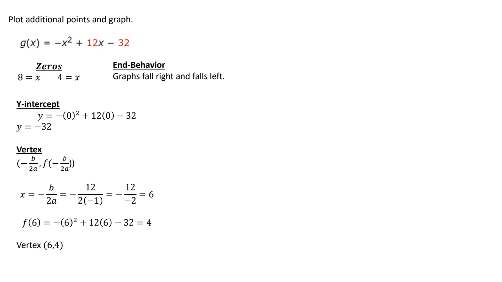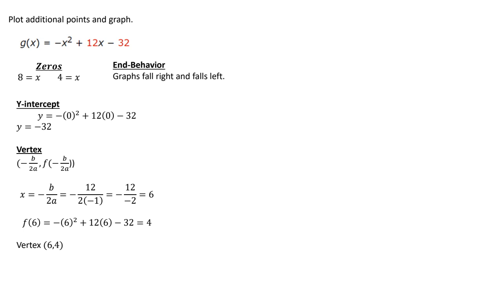To get the x value of the vertex, you use minus b over 2a. Once you have that value, you plug it back into the function to get the y value. Again, the function they gave me in standard form is ax squared plus bx plus c. In this case, my a is negative 1, my b is 12, and my c is negative 32.